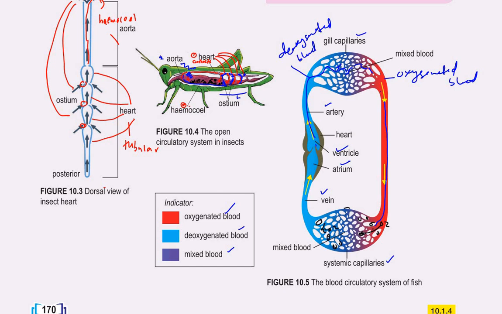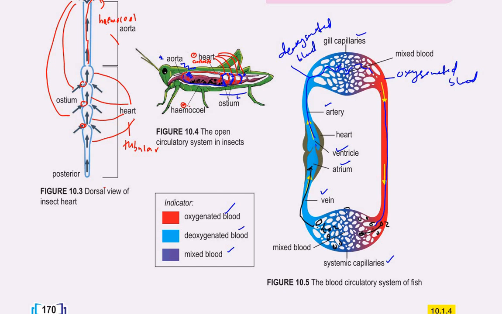That's why in the middle here, we have a mix of oxygenated and deoxygenated blood. When the oxygen diffuses into the cells, the cell will get oxygen. At the same time, the cell also produces carbon dioxide, so the carbon dioxide will be diffused into the capillary, and then return back to the heart through the veins.